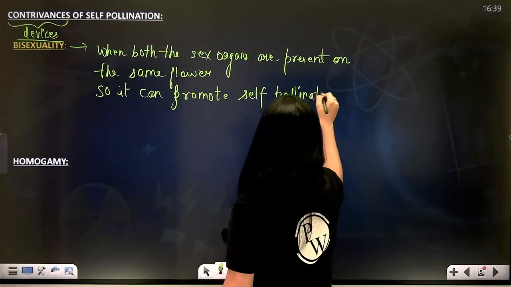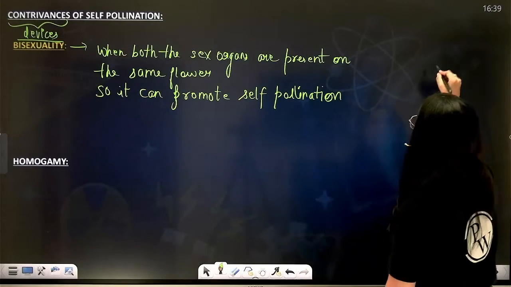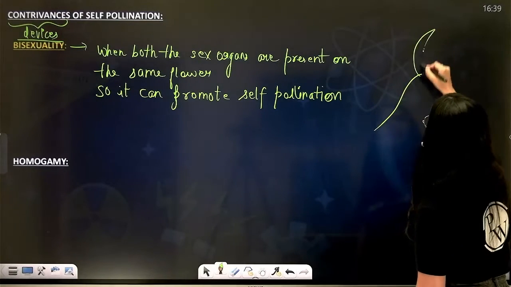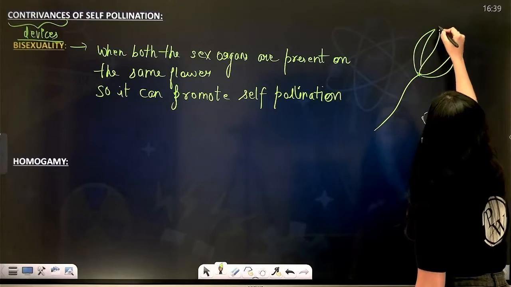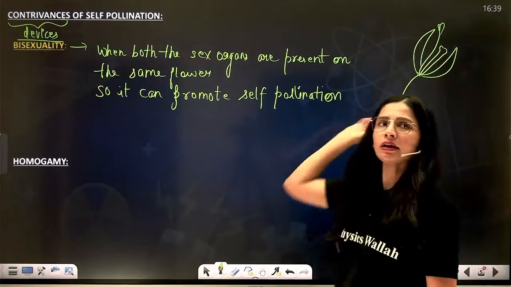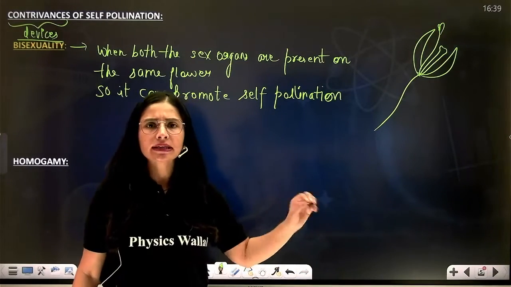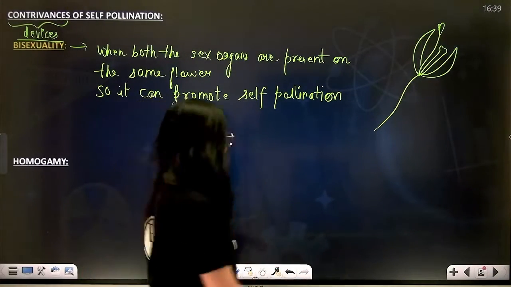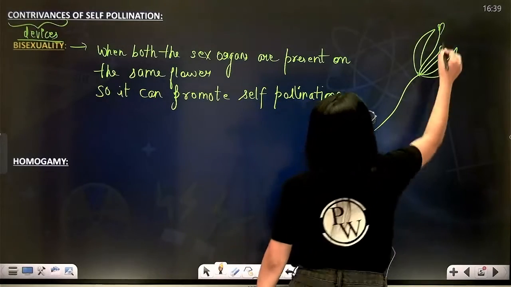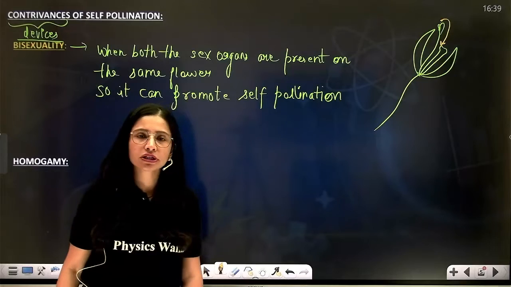self-pollination. But will it guarantee self-pollination? Tell me, suppose this is a condition. This is a flower, this is a male sex organ, and this is the female sex organ. Now you can see bisexuality is there. But will this bisexuality 100% guarantee that the pollen grains are going to fall on the stigma and successful pollination will take place?